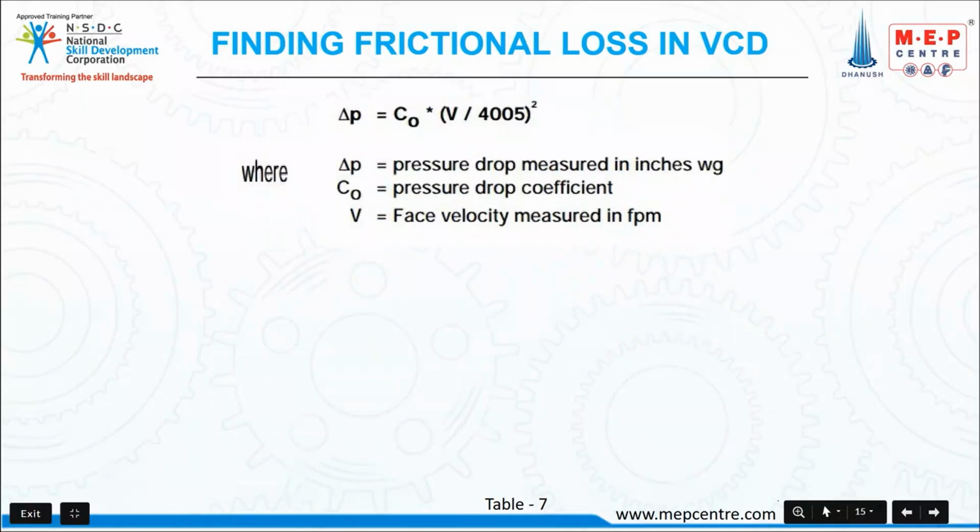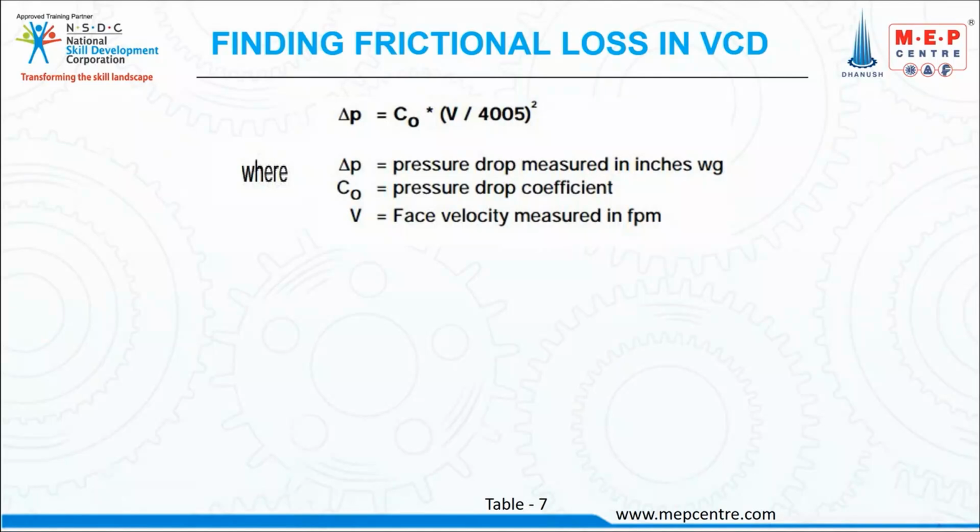To find the frictional losses in VCD, we use this formula: Delta P equals C naught into V divided by 4005, whole squared, where delta P equals pressure drop measured in inches of water gauge, C naught equals pressure drop coefficient, and V equals face velocity measured in FPM.